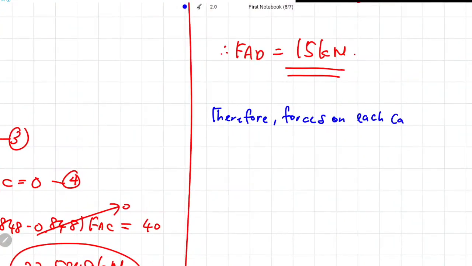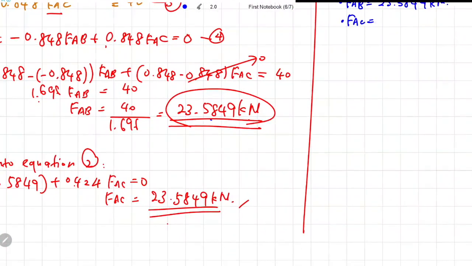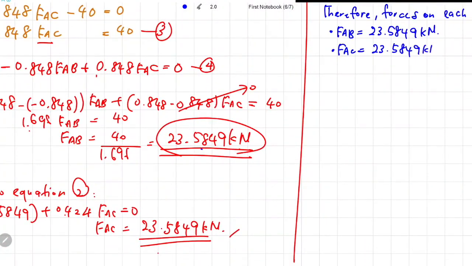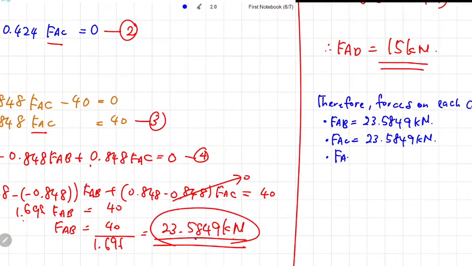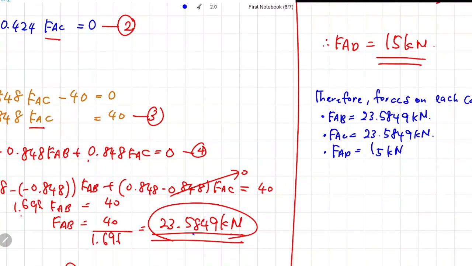Put like, therefore, forces on each cables are FAB equivalent to 23.6 kilonewton, FAC is also 23.6 kilonewton, and your FAD is 15 kilonewton. So you recheck with what you need to find, and there are 3 items that you need to find, and there are 3 magnitudes that you managed to find. So you're good to go.